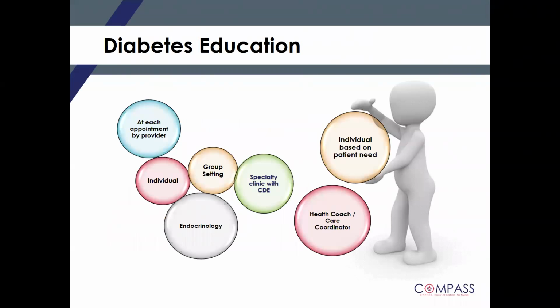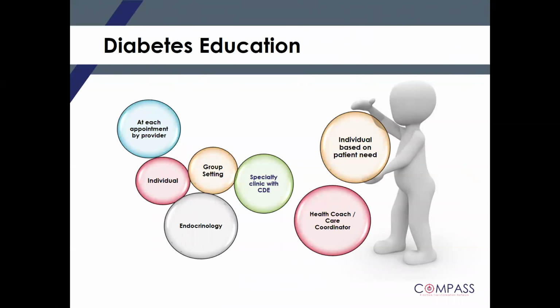So diabetes education, of course, can be done in individual or group settings. I think individual education is becoming more and more popular. We do need that specific referral of why that patient might need individual education versus group education. Individual education could be needed for situations such as, of course, trouble hearing or seeing, or if the patient is on an intensive insulin regimen or insulin pump, and so on.